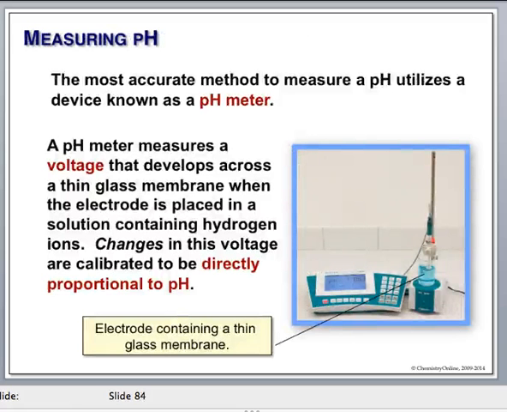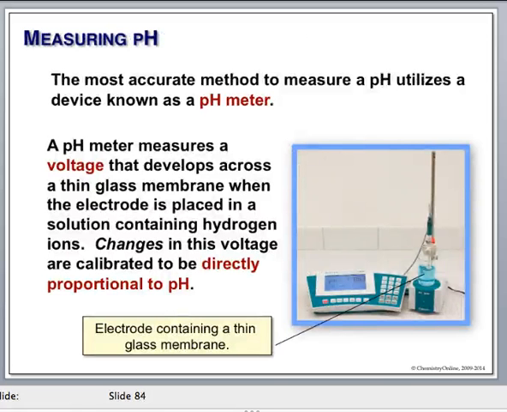How do you measure it? Well, this is what's called a pH meter. In 140, you'll probably use something like this, nothing nearly this fancy or sophisticated. What this actually is, is a millivolt meter. You have a very thin glass membrane here.